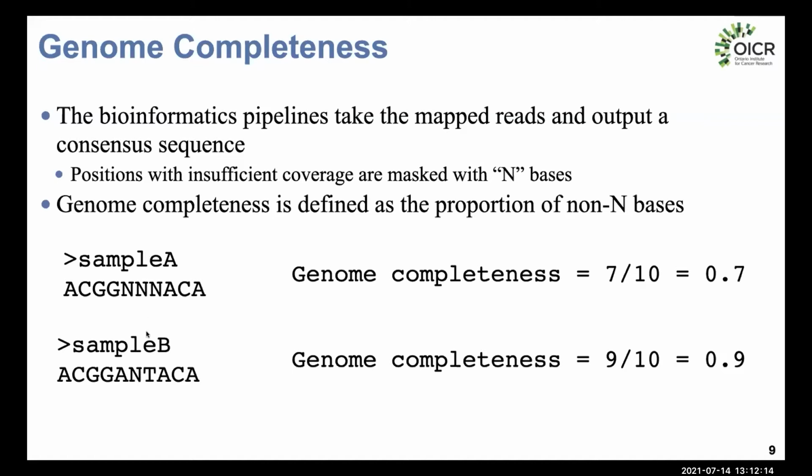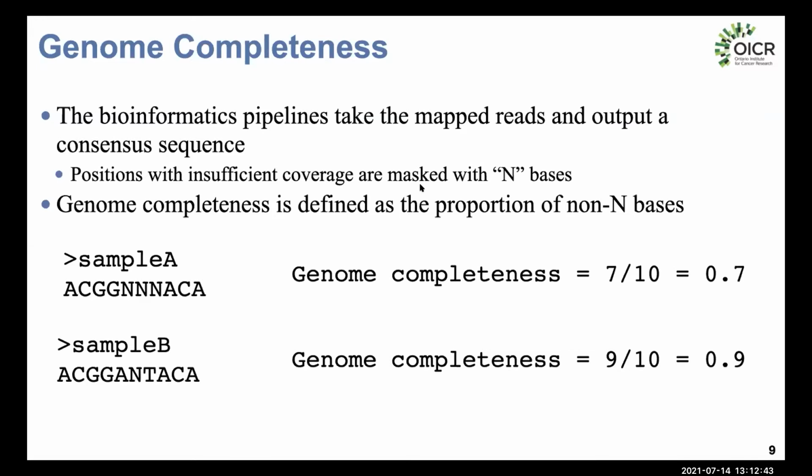So here's just two toy examples, sample A and sample B. Sample A has 3 Ns, 7 ACGT bases from a genome size of 10. So we would say that the genome completeness is 7 divided by 10, or 0.7, or 70%. In contrast, sample B only has 1 ambiguous base, and we would calculate the genome completeness as being 90%.